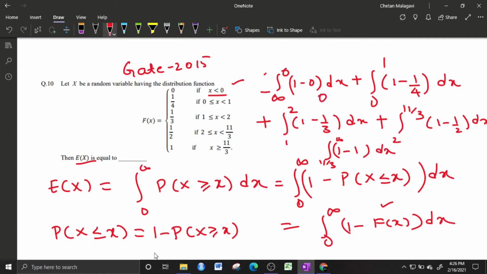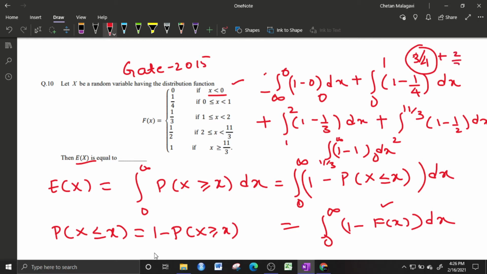Here it is 0 and here it is 0, and 1 minus 1 by 4 means it is 3 by 4. Upon integrating, integration of dx is x, upper limit minus lower limit, 1 minus 0, so this is 3 by 4. And here 1 minus 1 by 3 is 2 by 3, upper limit is 2, lower limit is 1, so it is 2 by 3.